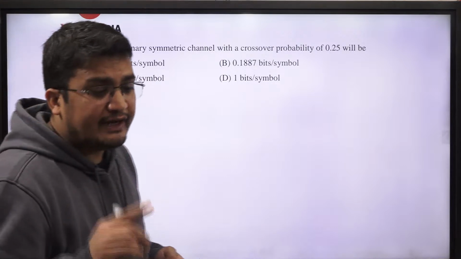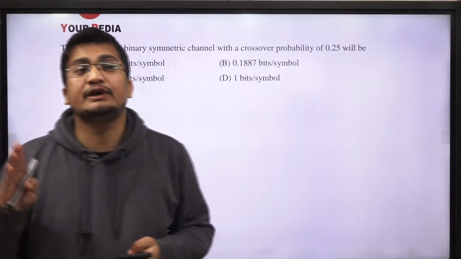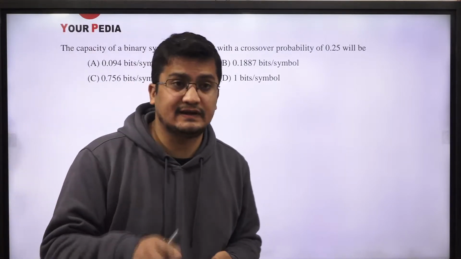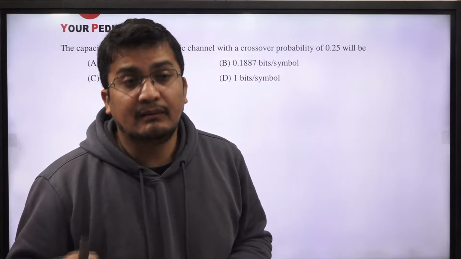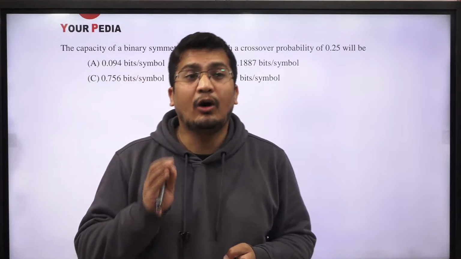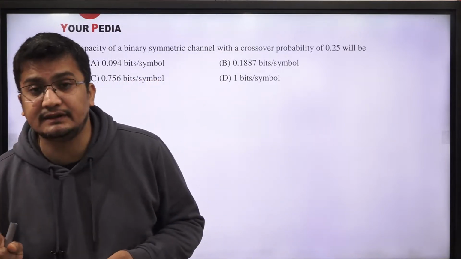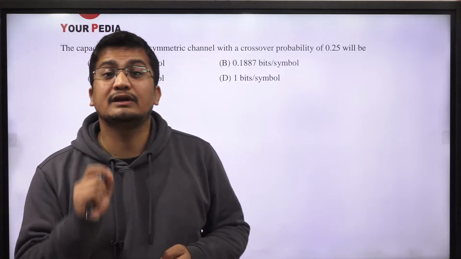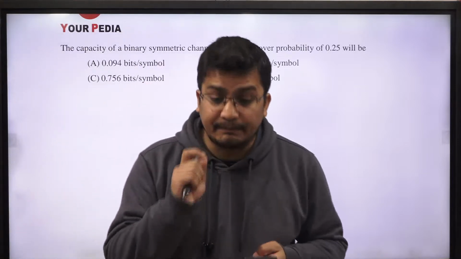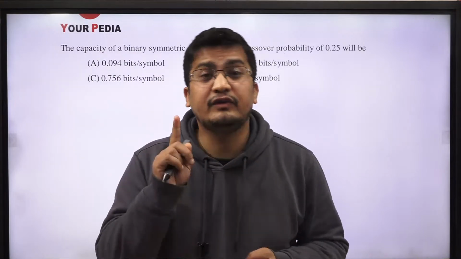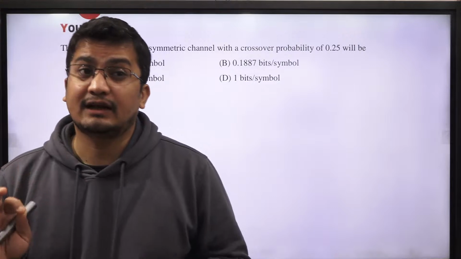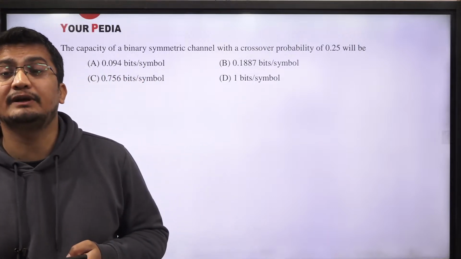So, whenever we talk about information theory and coding, we have multiple kinds of channels: noiseless channel, lossless channel, binary symmetric channel. They all have a channel capacity, and I've told you many times, you must remember the formula for their channel capacity. Not for all, but if you are writing the ISRO exam, at least you must know the channel capacity formula for the binary symmetric channel.